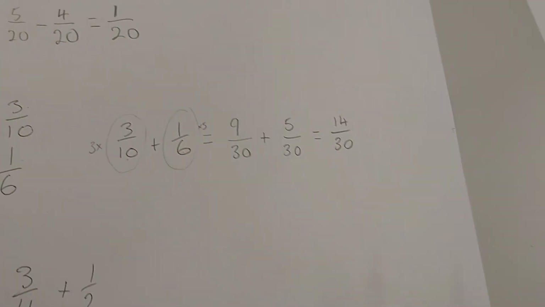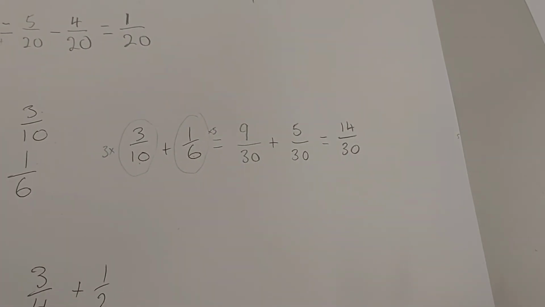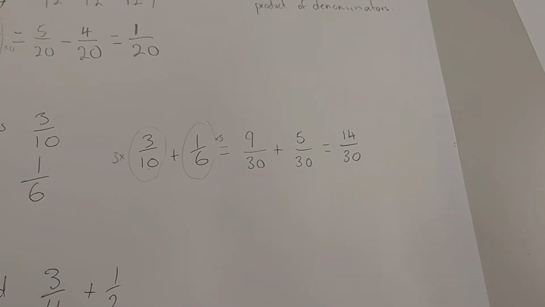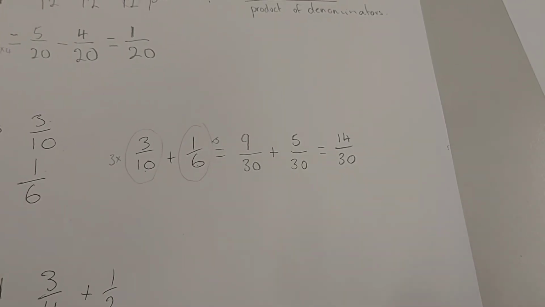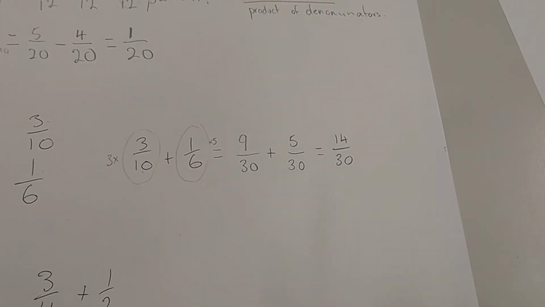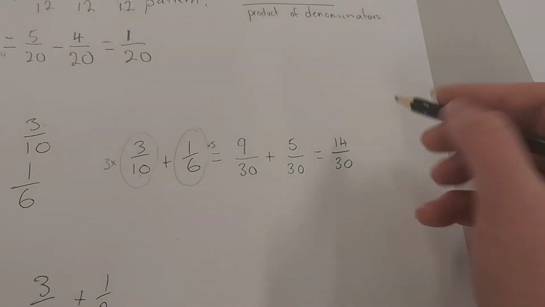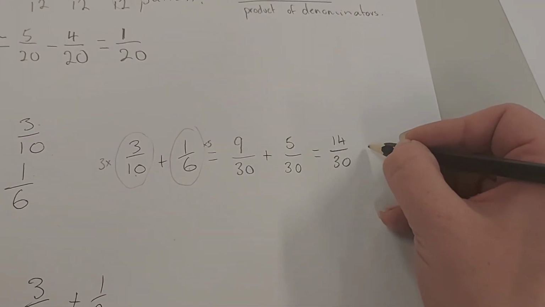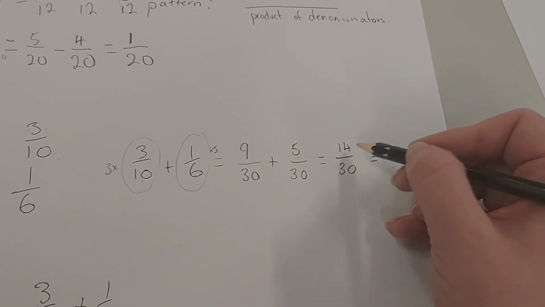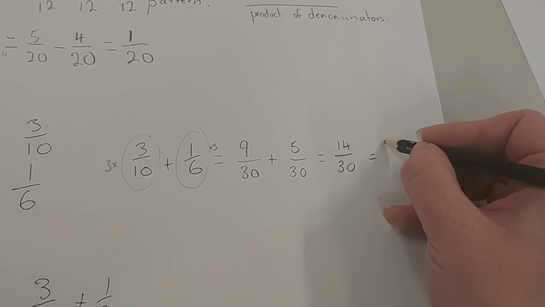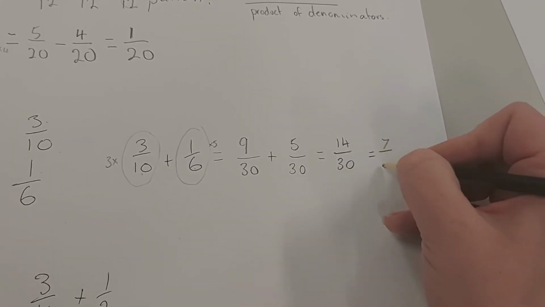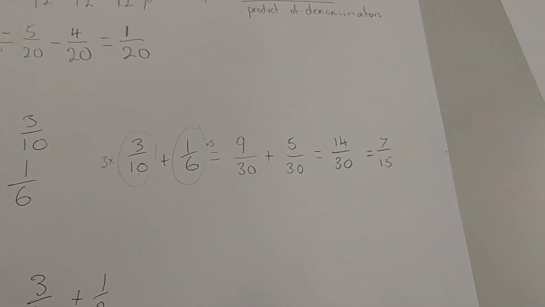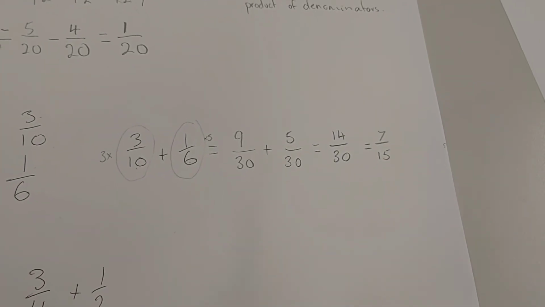And let's have a look and see if we can cancel that down at all, okay? So the first thing most of you do when you're cancelling down is, can I half it? And yes, you can. Have a crack at that. Let's have a look. So 2 times 7 gives you 14, and half of 30 is 15. Okay, can we make that any smaller again?